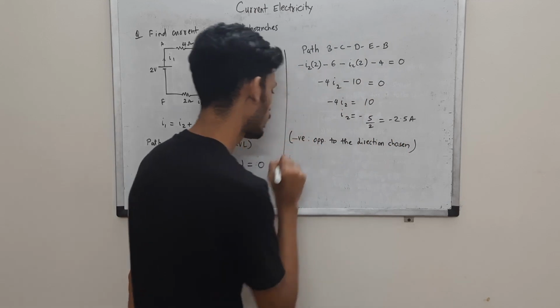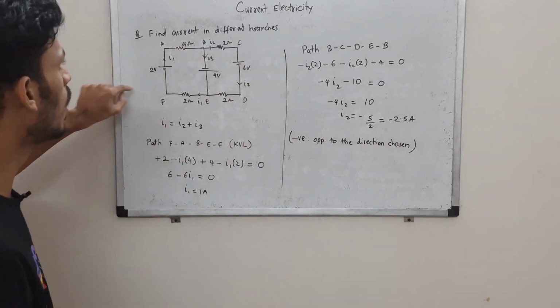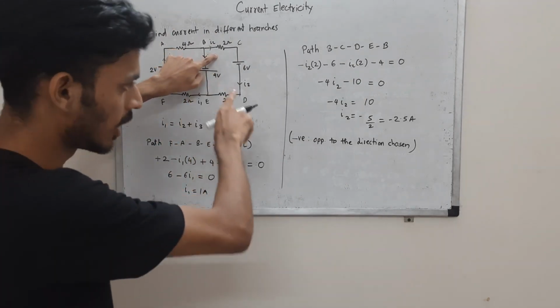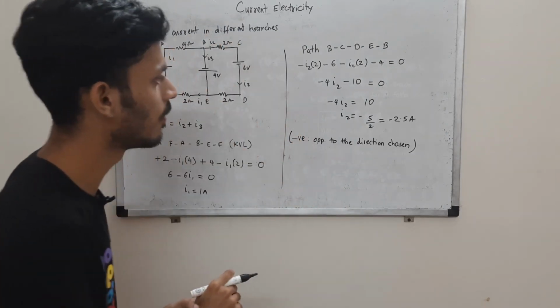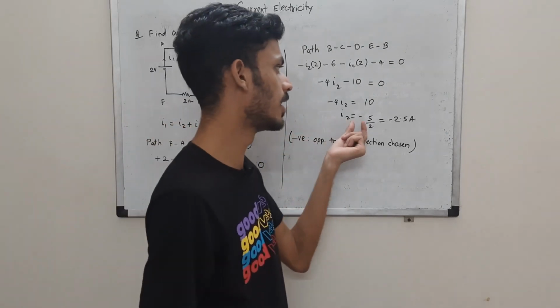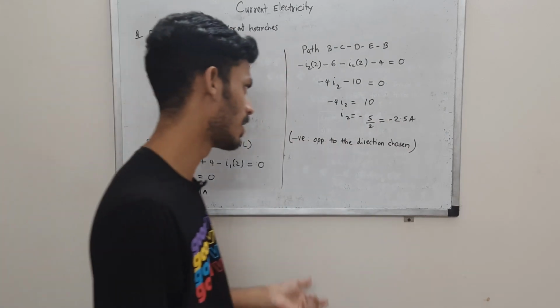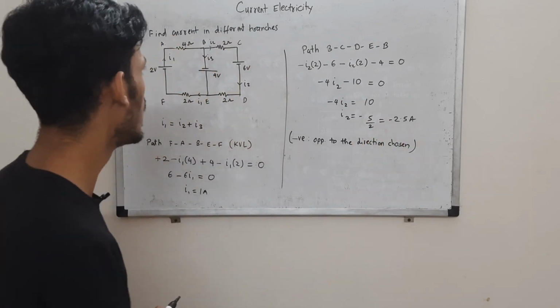So where is our I2? I2 is along this direction, so in this circuit it will actually be flowing in this direction. We have chosen the wrong direction, that's why it is showing a negative sign. That is the meaning of the negative sign. Again, you get the correct answer, only the direction is reversed.